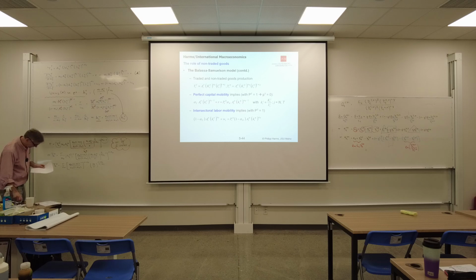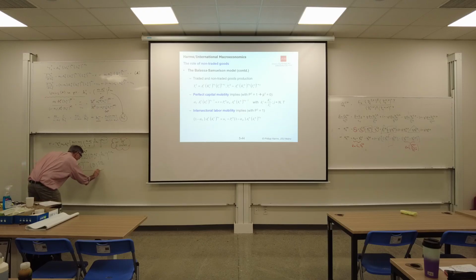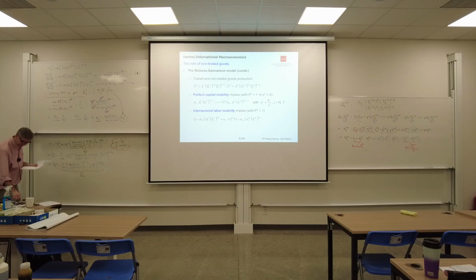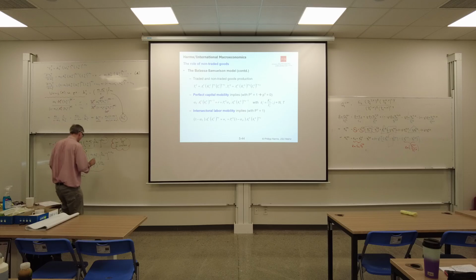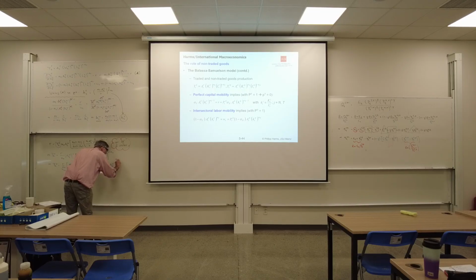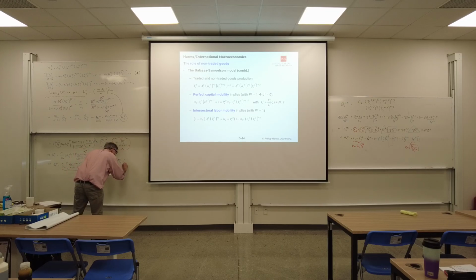And since I'm lazy, I call it omega. Then we have times alpha T to the power of 1 minus alpha n over 1 minus alpha T. And then we have 1 over ATN.